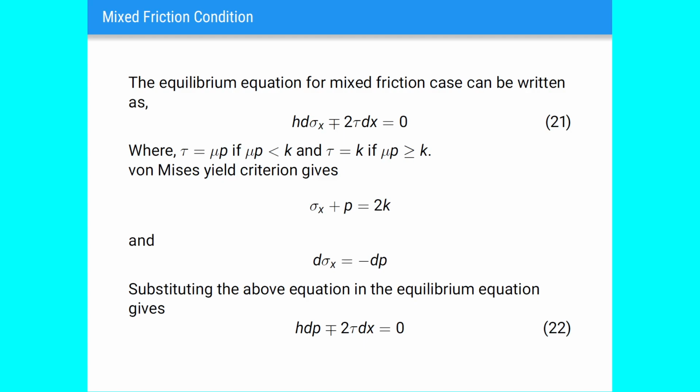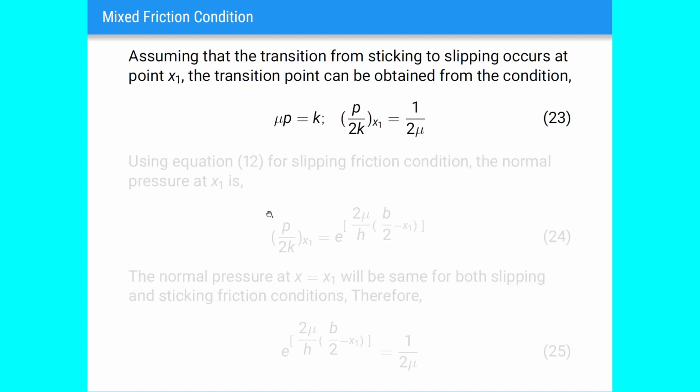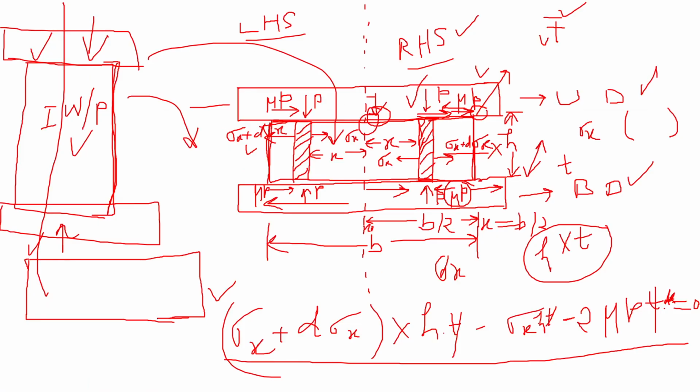Now, in order to simplify the analysis of mixed friction condition, let us assume that the transition from sticking to slipping occurs at a certain point x1 from your symmetric axis, because we are saying that we are having sticking condition at the center, and at the outer region we are having low friction condition, that is the slipping condition.